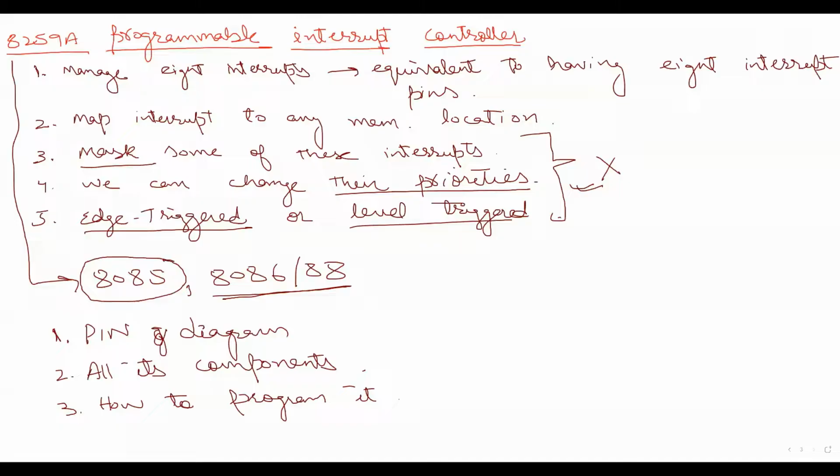So let me first make the pin diagram of 8259A, and we will also see its block diagram. This particular device, the 8259A, this is its pin diagram.